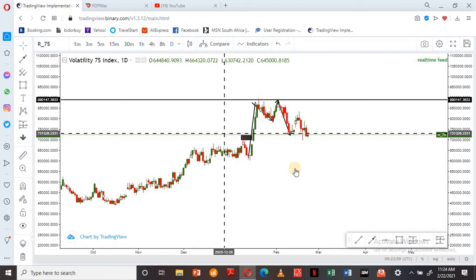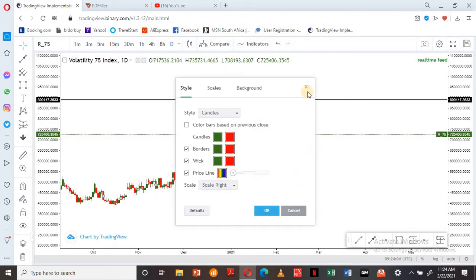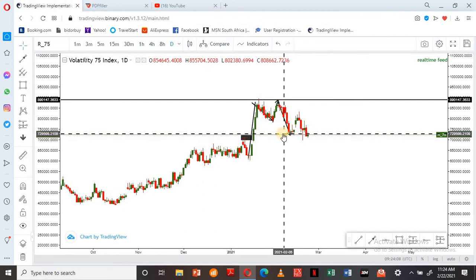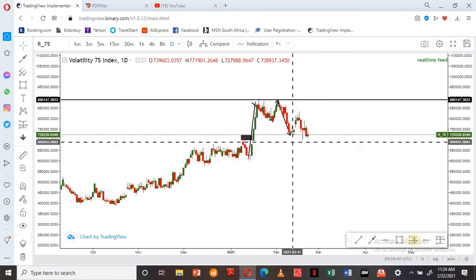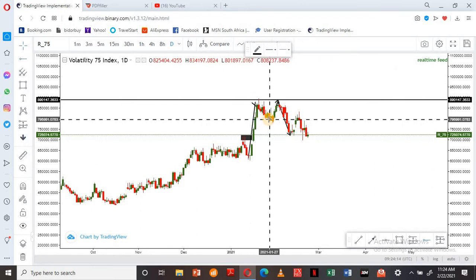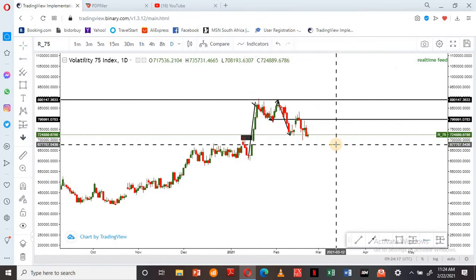After respecting that level of resistance, it went back again to respect the level of support it created here, turning it into a resistance zone.